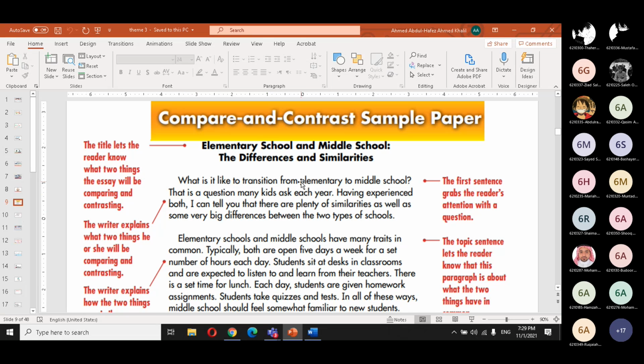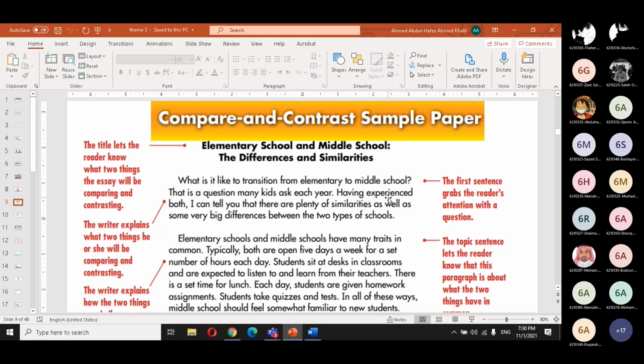The writer here started the introduction with a question. What is it like to transition? Transition means to move. The word transition means to move from elementary to middle school. Okay, the question means how is it? How does it look? Is it good or bad?